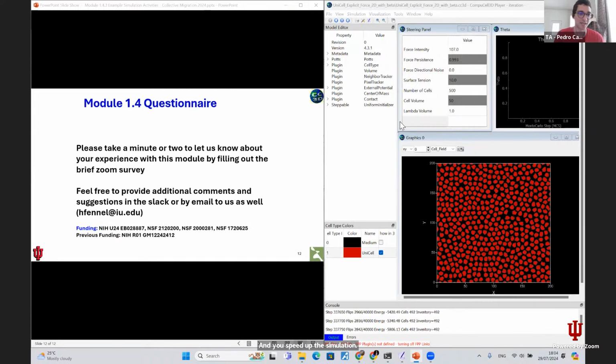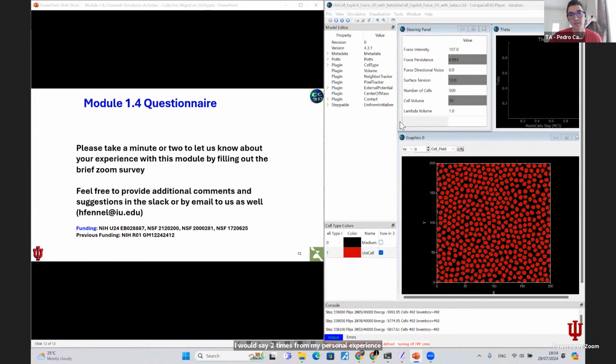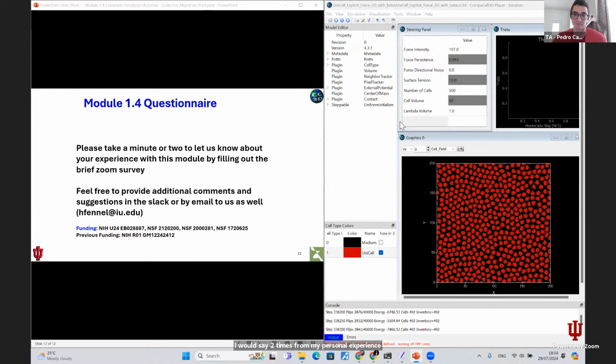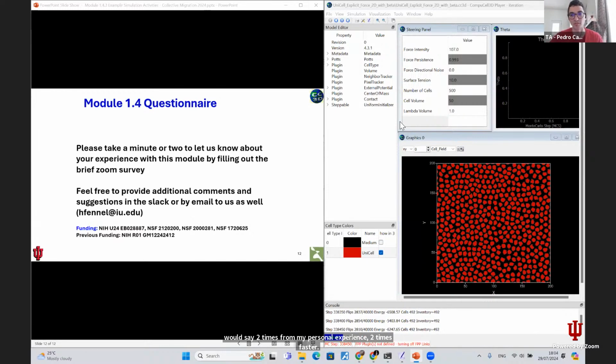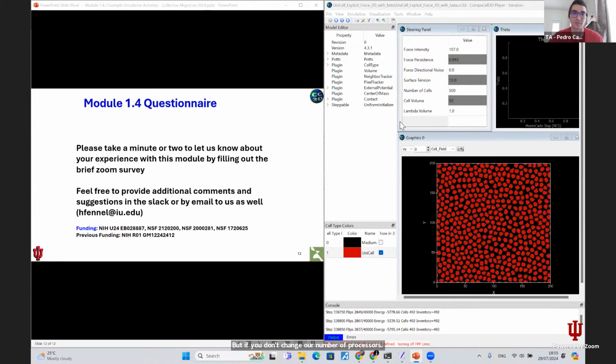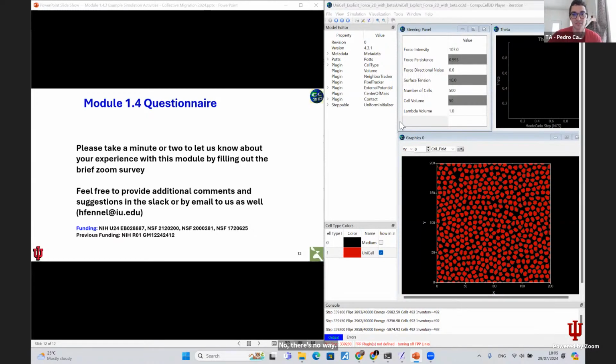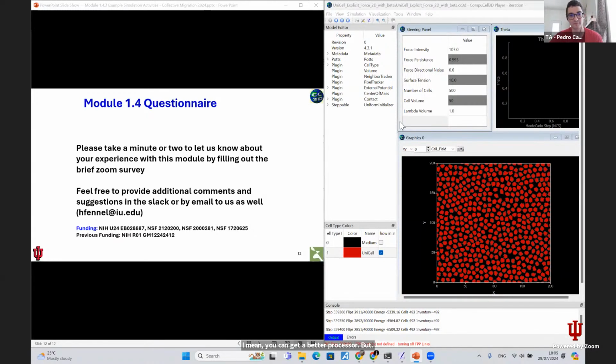I would say 2 times from my personal experience. It will make your simulation 2 times faster. But if you don't change your number of processors, no, there's no way. I mean, you can get a better processor, but there's no reliable way to do it.